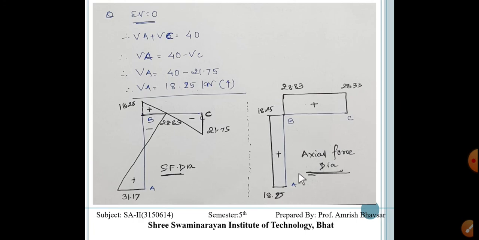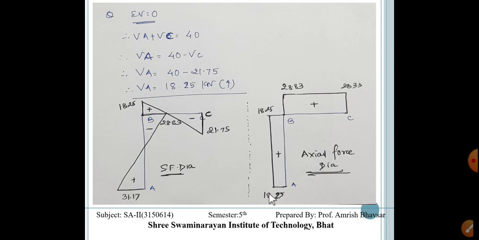Now the axial force diagram means whenever our member contains compression, then it is a plus diagram, and whenever it is in tension, then it is a minus diagram. So in the axial force diagram, for the AB member, vertical force is axial force, then vertical is 18.25.